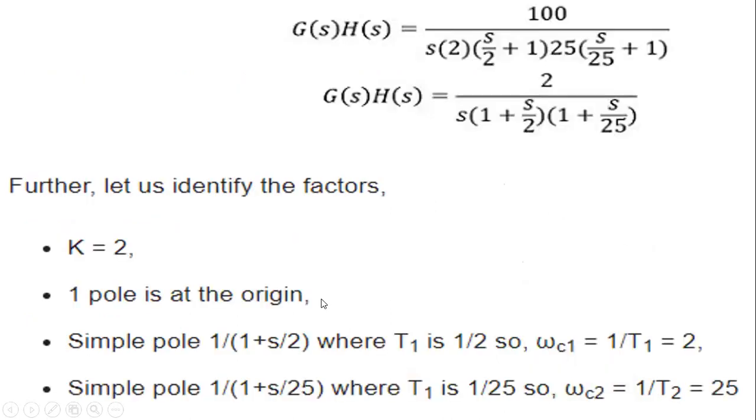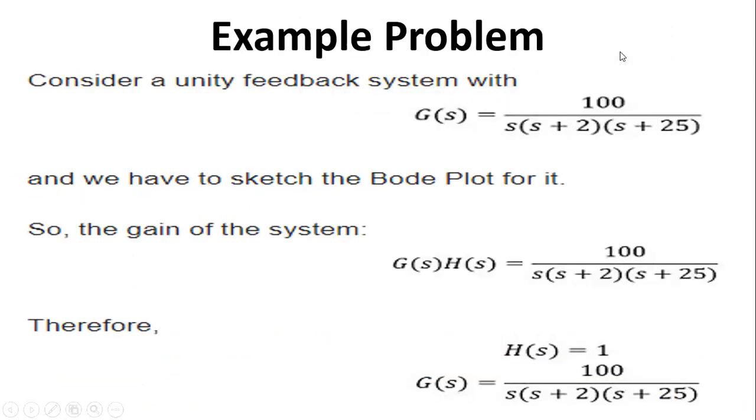Step 1 of the Bode plot design is arranging G of s, H of s in time constant form. How do we get the time constant form? We have to get the 1 plus s form. That is exactly what we are doing here. We take 2 out of (s plus 2), so it becomes 2 into (s by 2 plus 1), and we take 25 out of (s plus 25), so it becomes 25 into (s by 25 plus 1).